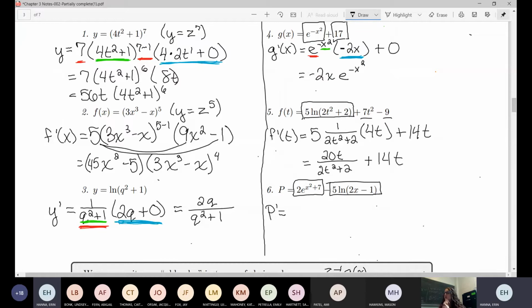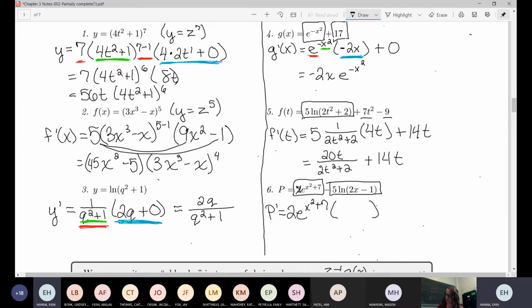P prime. If I want to take care of this next one, the first thing I need to take care of is this e to the something rule. That 2 comes along for the ride. And if I have e to the something, what's our e rule say? It tells us that the derivative of e to the z is e to the z. So we're going to have e to the x squared plus 7. But then I have to multiply by the derivative of the x squared plus 7.